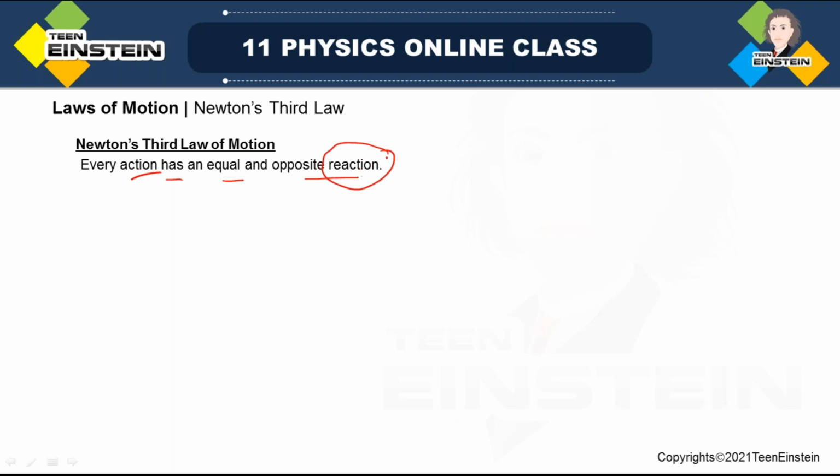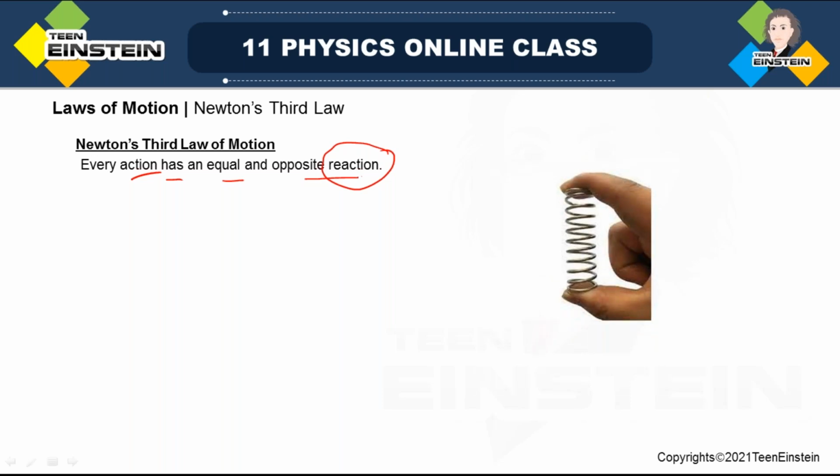I'll just give you a specific example. Suppose we take a spring, and you apply force with your two fingers. Suppose this is the action.